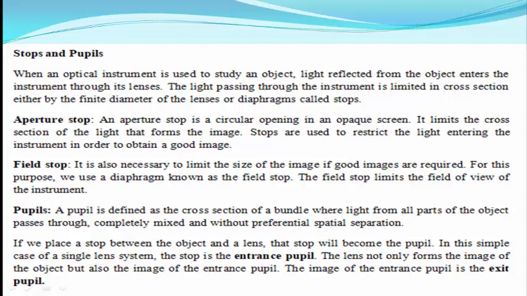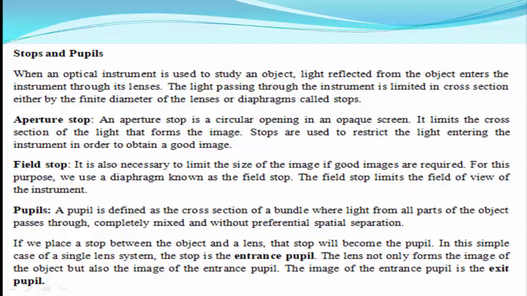Pupil. A pupil is defined as the cross section of a bundle where light from all parts of the object passes through, completely mixed and without preferential spatial separation. If we place a stop between the object and a lens, that stop will become the pupil.